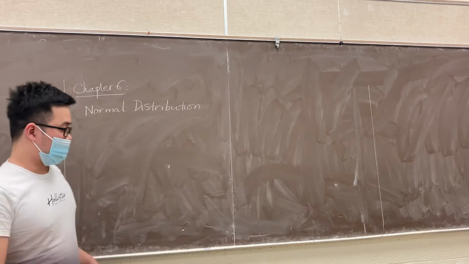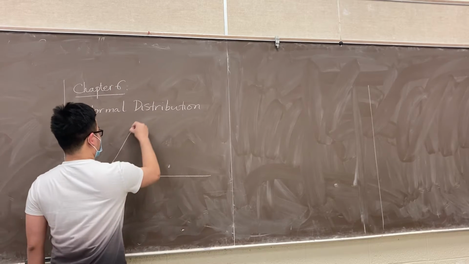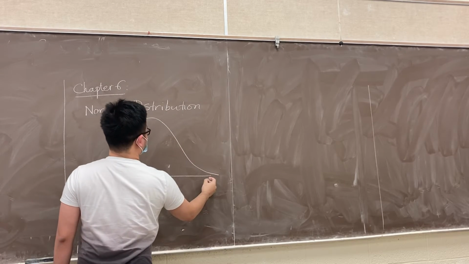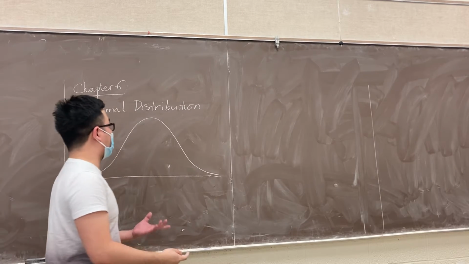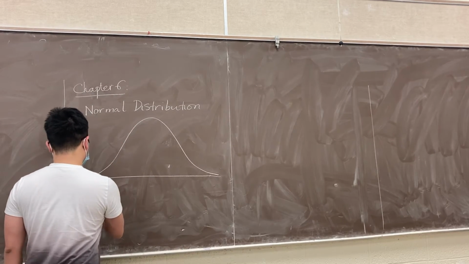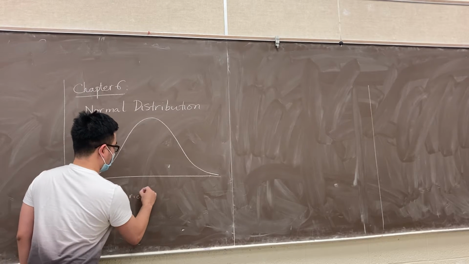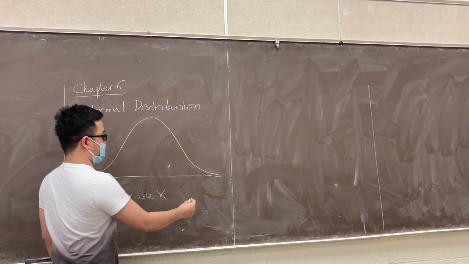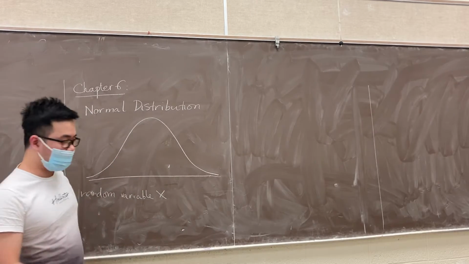First, I will explain what the normal distribution is. We have the random variable x, and the x-axis represents the value of x.